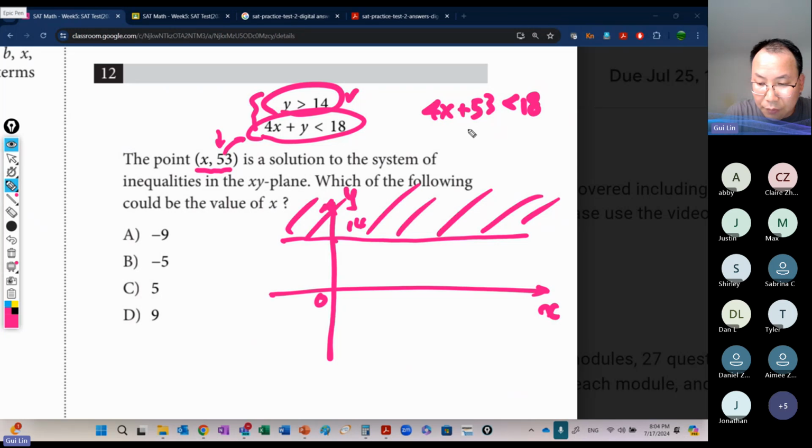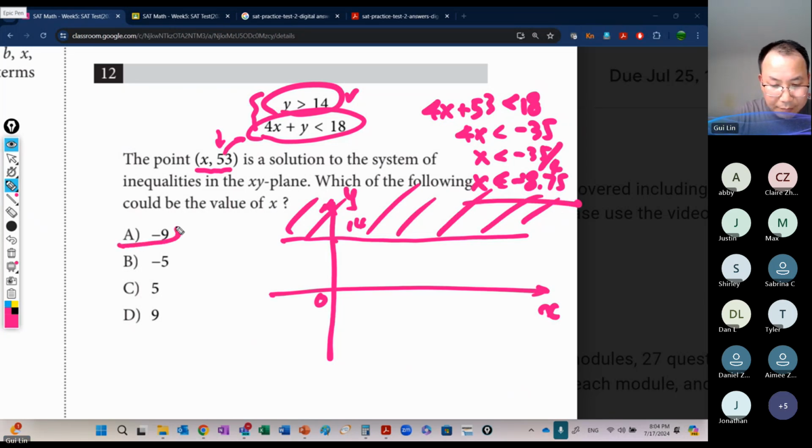So we got 4x less than negative 35, right? So x is less than negative 35 over 4, which is around negative 8.75. So what number makes sense? Only this one, right?